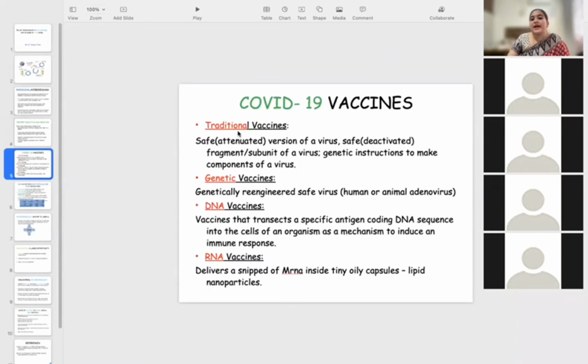Next comes COVID-19 vaccines. Especially after this pandemic, we have seen a lot more usage of biotechnology, how researchers have used it for developing diagnostic tests, RT-PCR and all, and for developing the vaccines. Traditionally, vaccines carry a fragment of the virus, which is non-virulent.